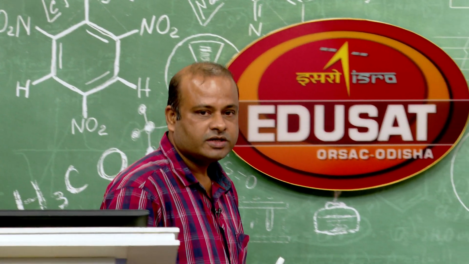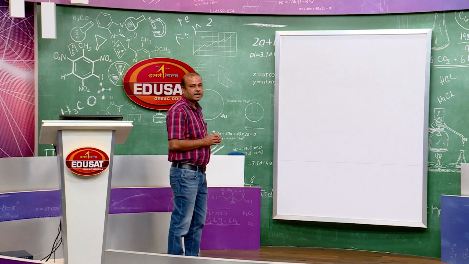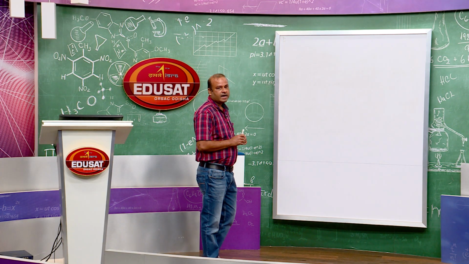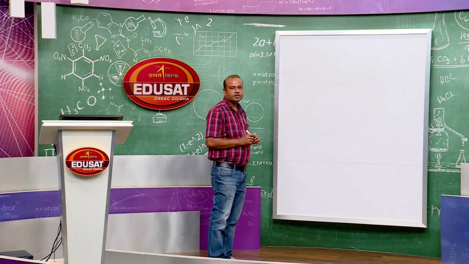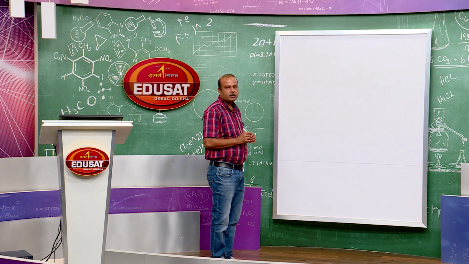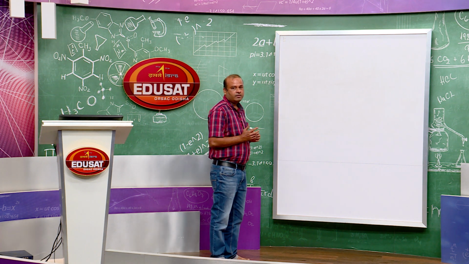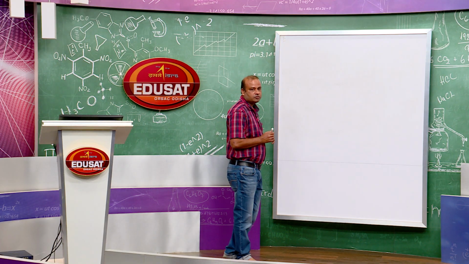Now we can prove it. To prove, let tan inverse x be equal to A and tan inverse y be equal to B, such that A and B belong to the open interval of minus pi by 2 to pi by 2.